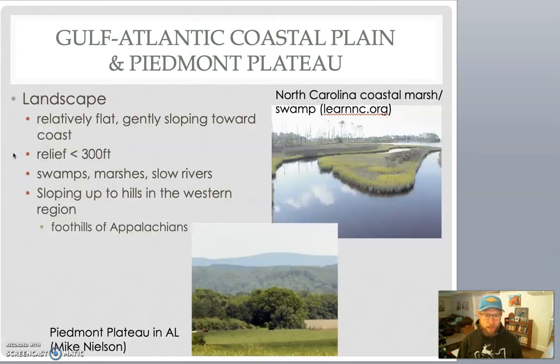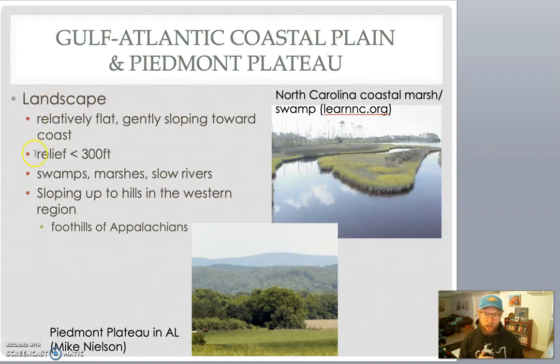These landscapes are relatively flat in these two physiographic regions. So as you move from the Gulf Atlantic coastal plain to the Piedmont, really it's just this long gradual increase in elevation from the coast. And then the Piedmont Plateau takes you through to the foothills of the Appalachians where you then get greater elevation change. So this picture at the bottom shows like we're standing in the Piedmont Plateau looking up into the Appalachian Mountains.